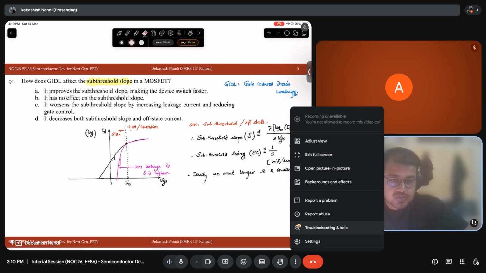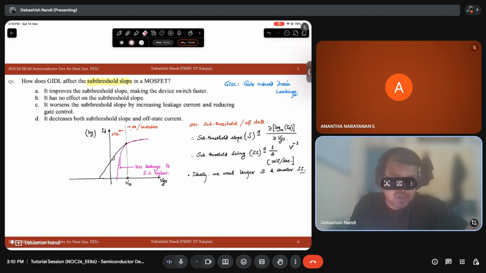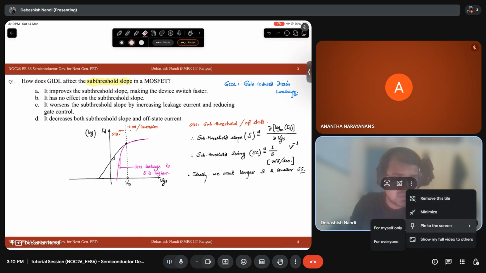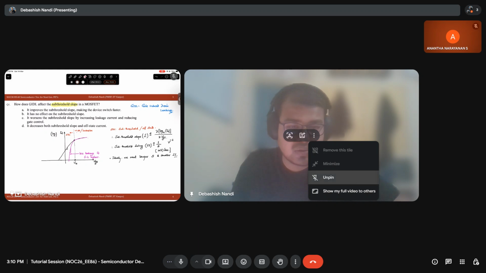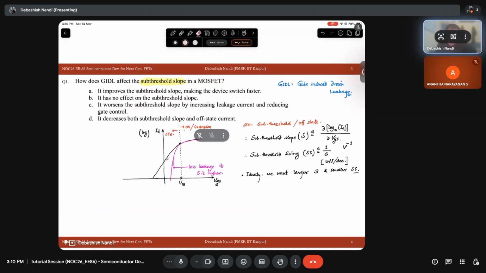Settings, just the background effects. Am I audible and is it visible?